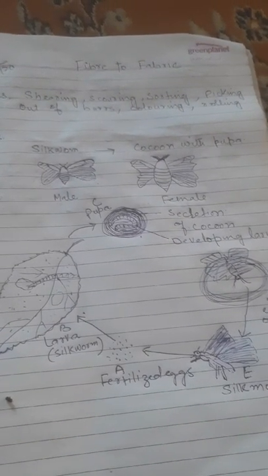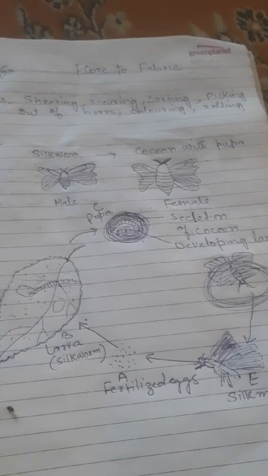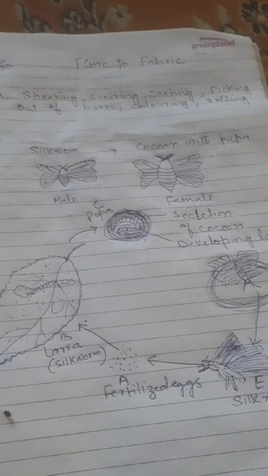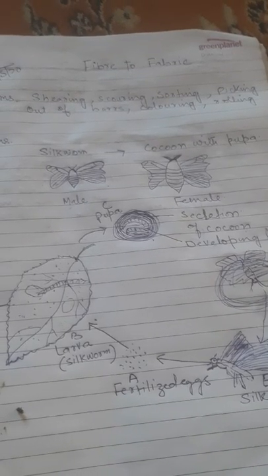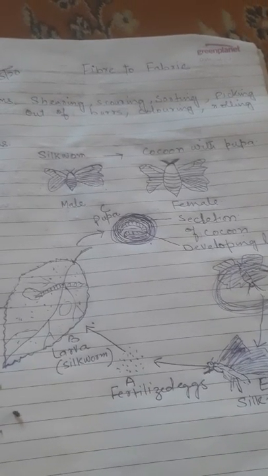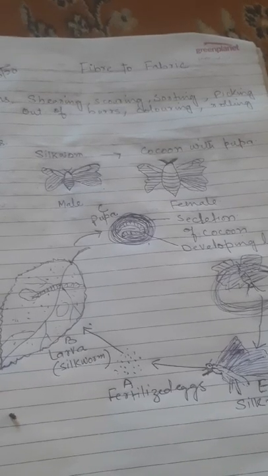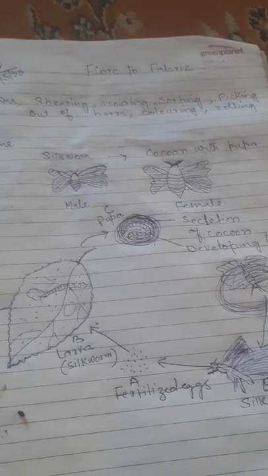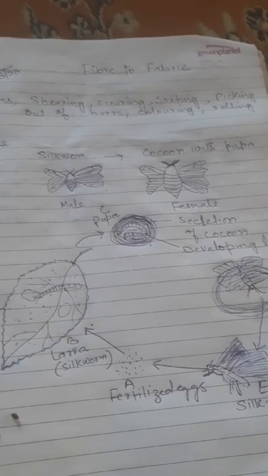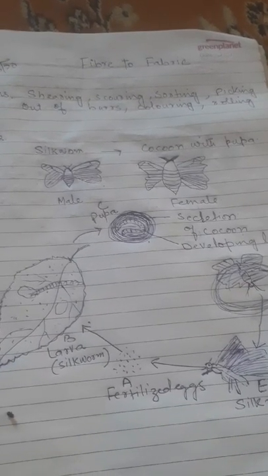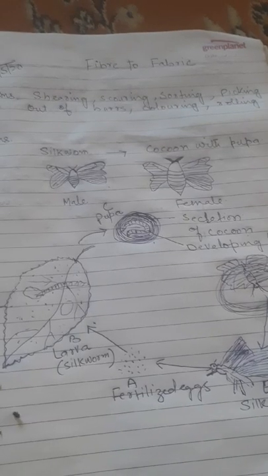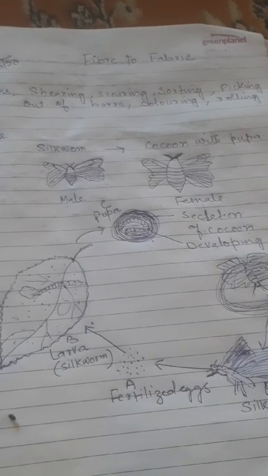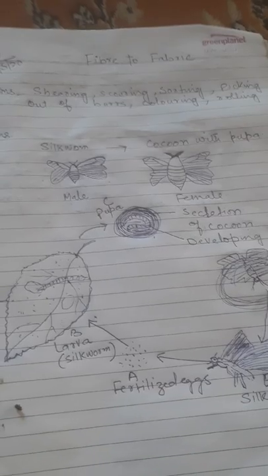Next is question number 6: the hair on the skin of sheep, yak, etc., from which wool can be obtained, is known as... The options are wool, fleece, silk, and yarn. This is called fleece. The hair on the skin of sheep is called fleece.